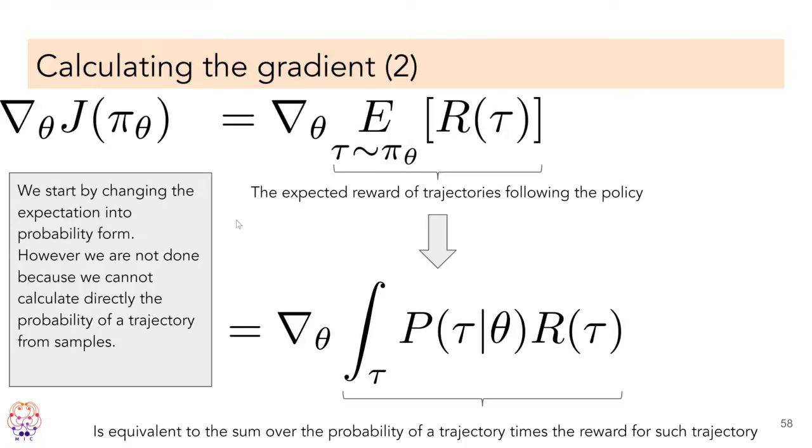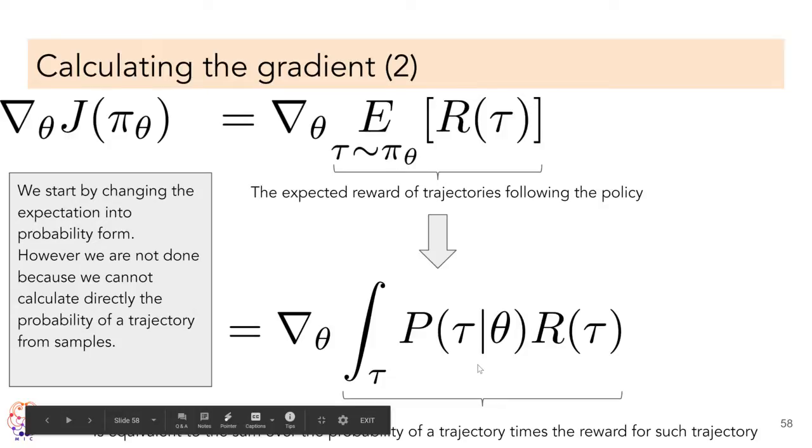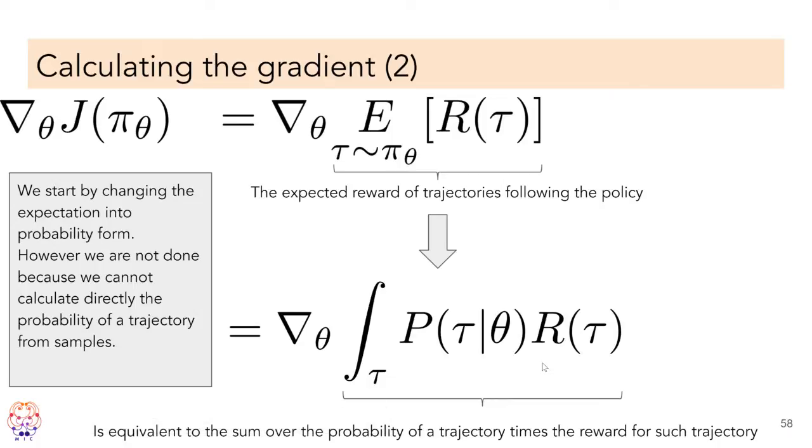And so here's the math. We start out with the derivative, and that equals the gradient of the expected value. And we expand what an expected value over rewards means, and that's just the probability of this trajectory times the reward of this trajectory.